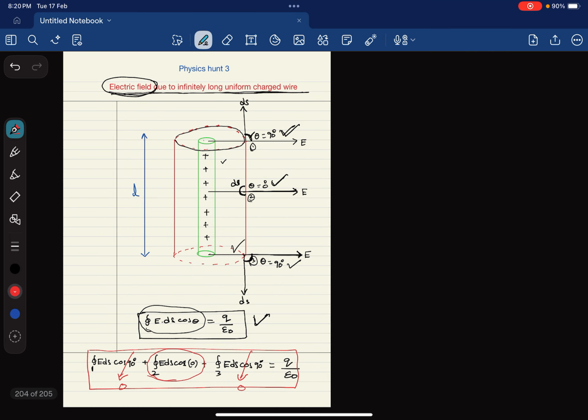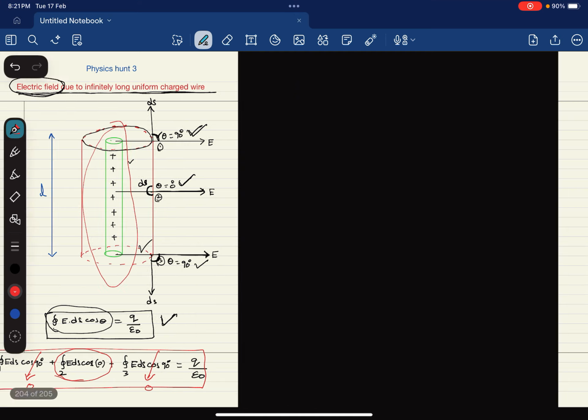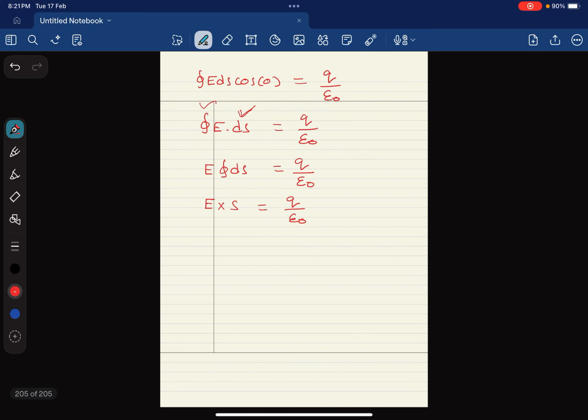What is the shape of the wire? It looks like a cylinder, so the surface area of the cylinder formula is 2 pi RL. Therefore E into 2 pi RL is equal to q by epsilon naught. Let us assume this is equation number 1.